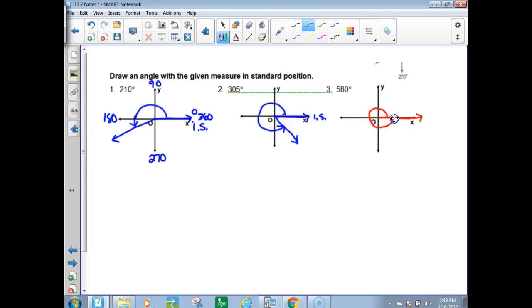We've only gone how much so far? Okay, so subtract 360 from the 580, and we'll get 220. So we have to keep going. Another 220, 180, and then some way into quadrant 3. That terminates in quadrant 3.